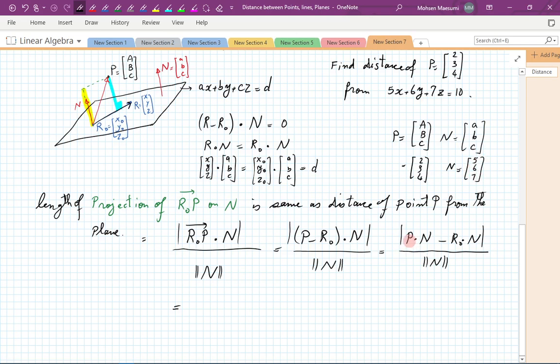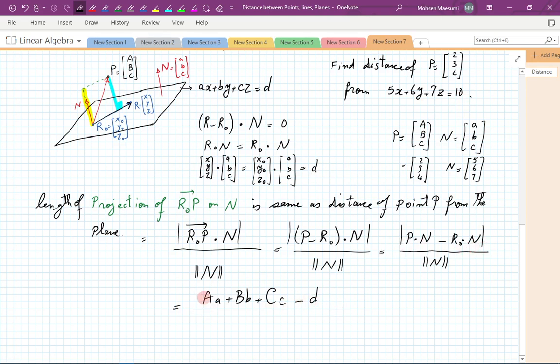So when I multiply p and n, what do I get? A times a, b times b, c times c. So I'll have a times a, b times b, c times c. Minus r0 times n. r0 times n, we said that's the d of the right hand side, whatever that d is. So minus d.